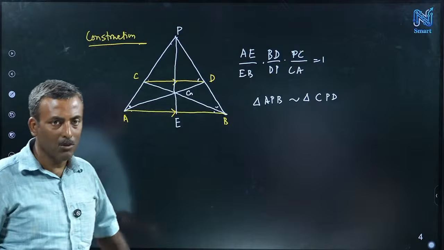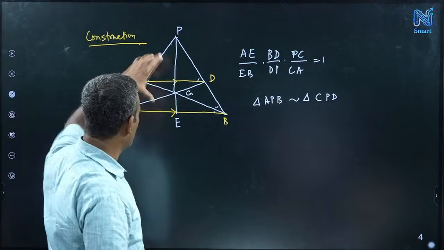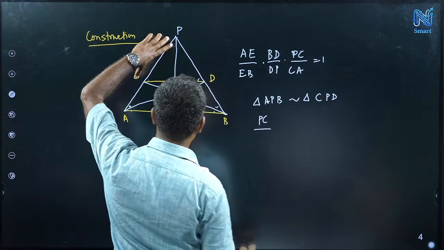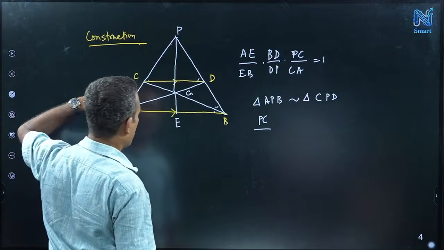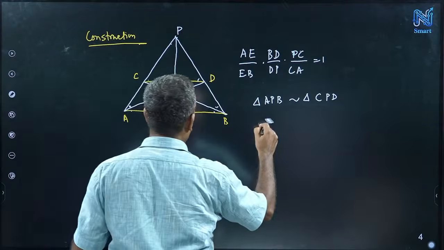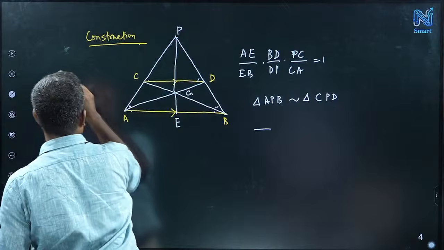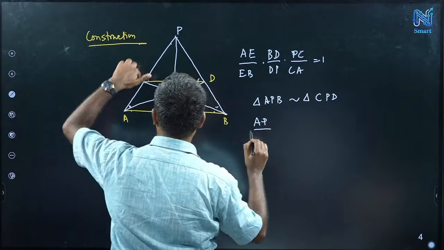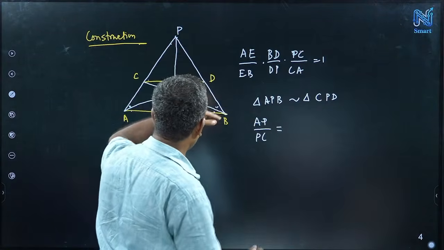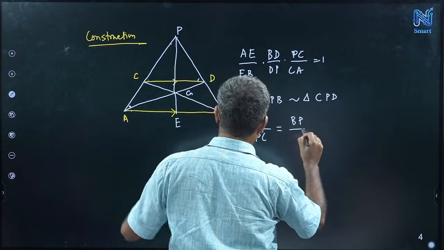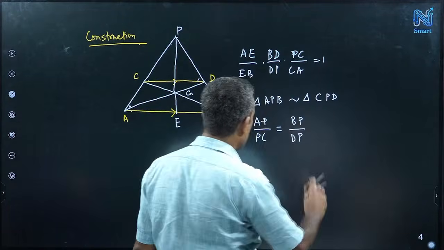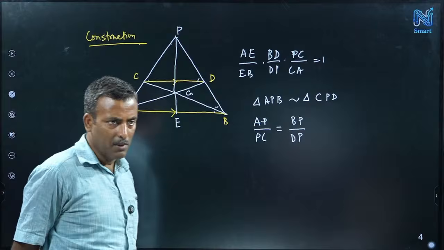Now, since they are similar, the ratios of corresponding sides must be equal. So AP by CP is equal to BP by DP, just from similarity.